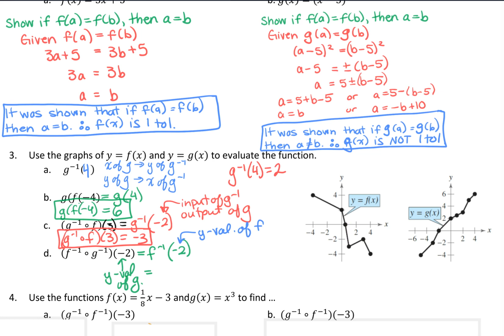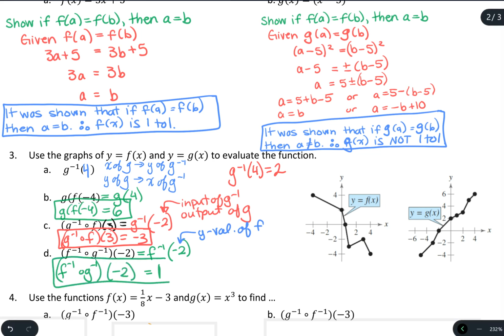And so that's going to equal 1. So let me just erase that piece right there. So that means that f inverse of g inverse of negative 2 is equal to positive 1.